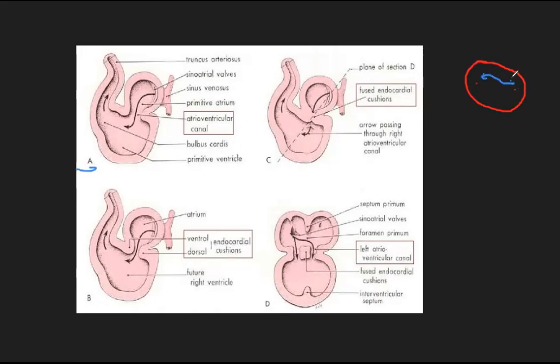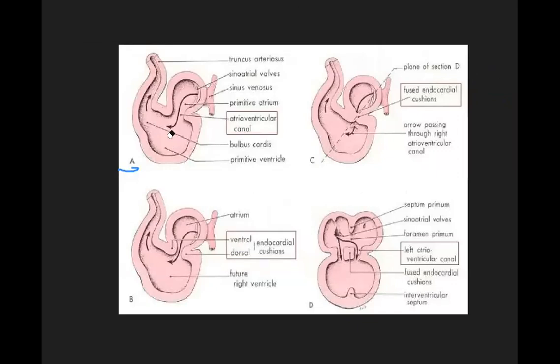It can mix from here to here, from down to up, from up to down. The blood can totally mix because there are no chambers. There is no interatrial or interventricular septum. There is no atrioventricular septum, not chambers, septums.